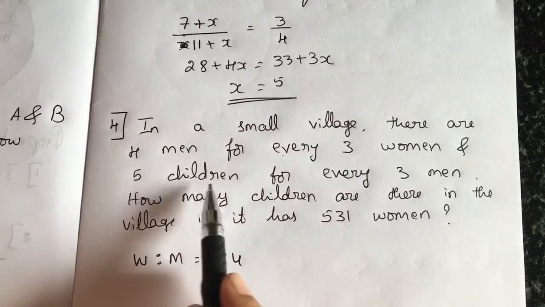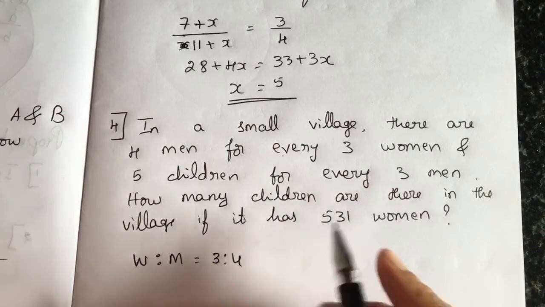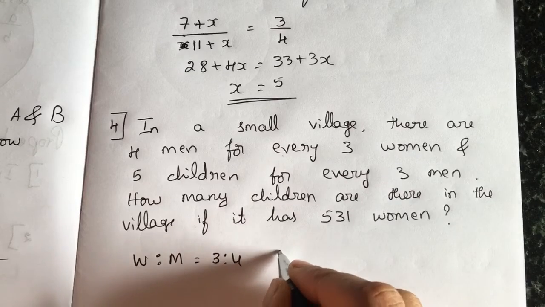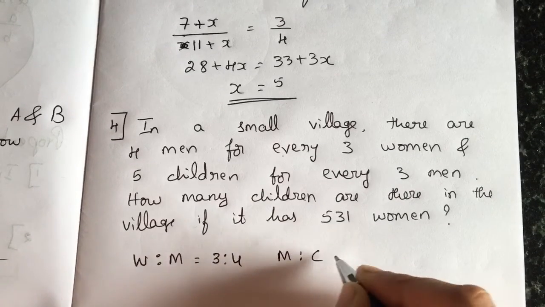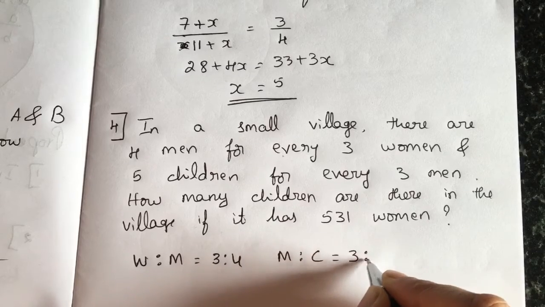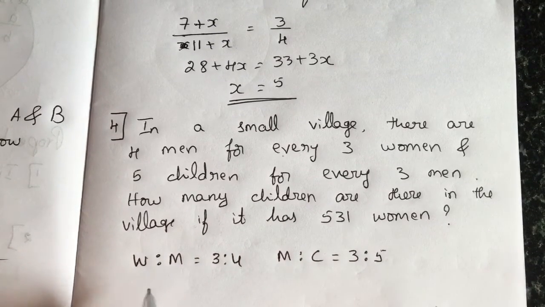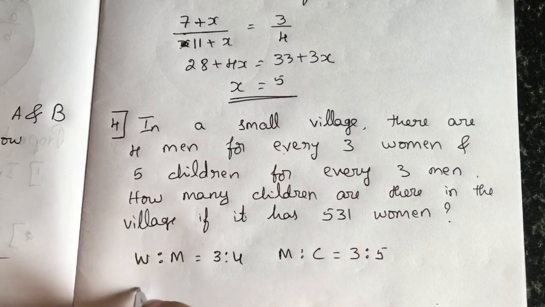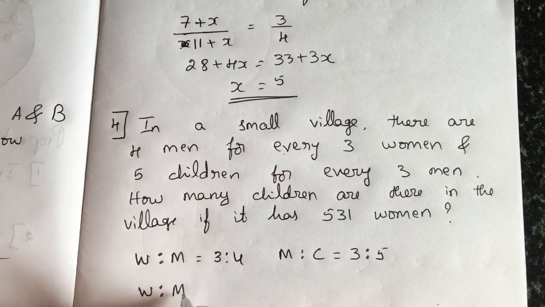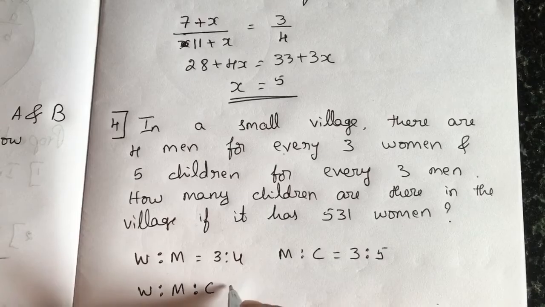After that, 5 children for every 3 men, so men to children is 3 is to 5. Now I can write the ratio women versus men versus children.